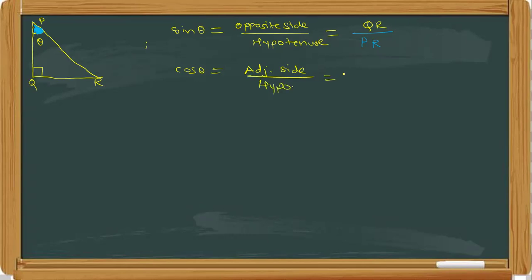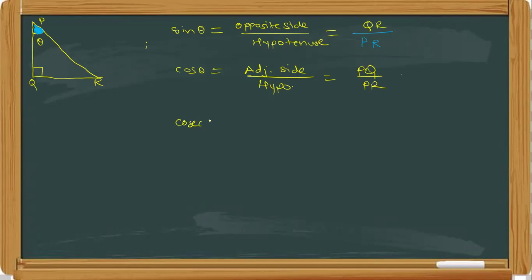Then tell me in terms of sides of this triangle PQR. Adjacent side is PQ upon PR, PQ upon hypotenuse PR. Very good.